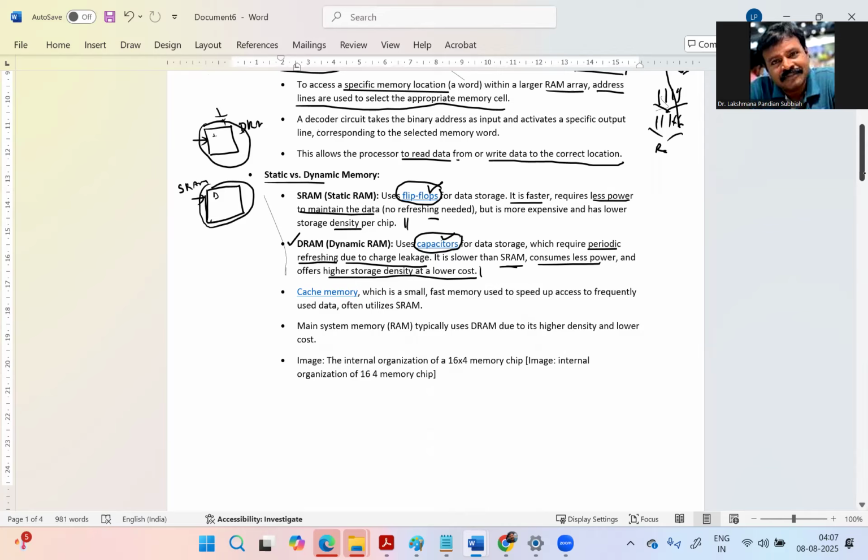Right. Then one more memory called cache memory. Cache memory is near your processor, and then comes RAM. Cache memory is small in size, costly, and also faster.